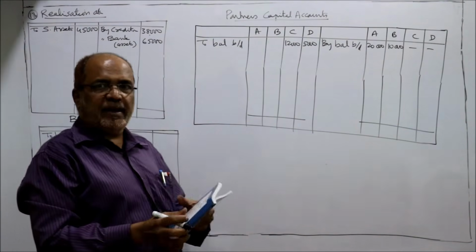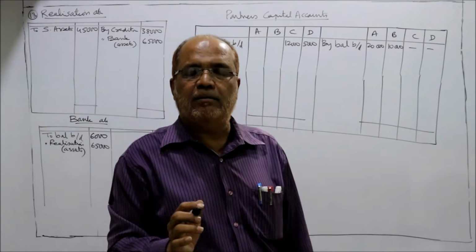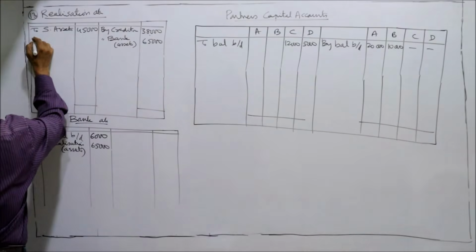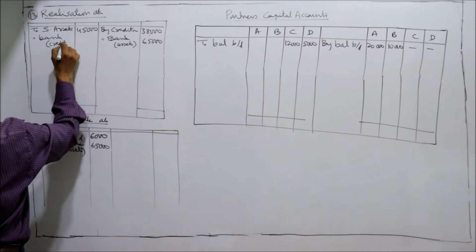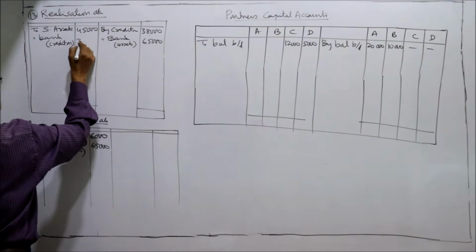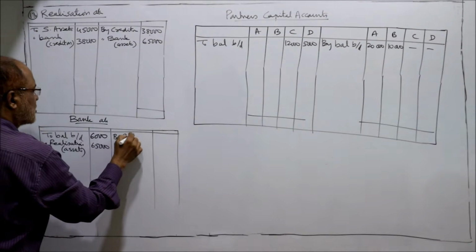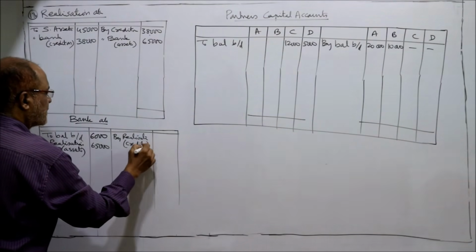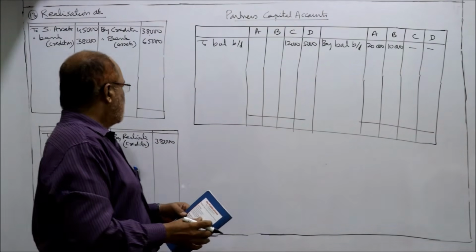Now liabilities are paid. Only one liability was there, that is creditors. Now creditors are paid. So realization account debit side to bank. Creditors 38,000. बैंक को क्रेडिट करेंगे by realization. Creditors 38,000. That's it.